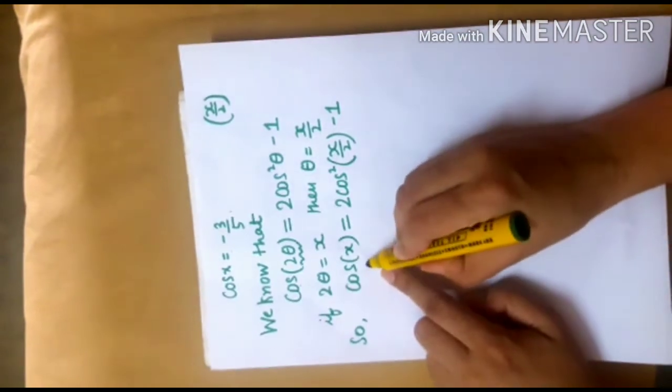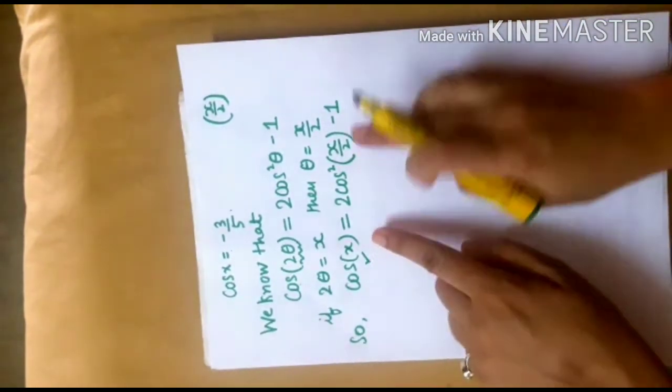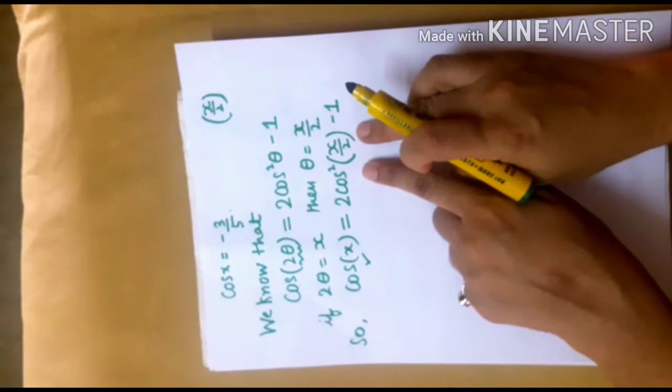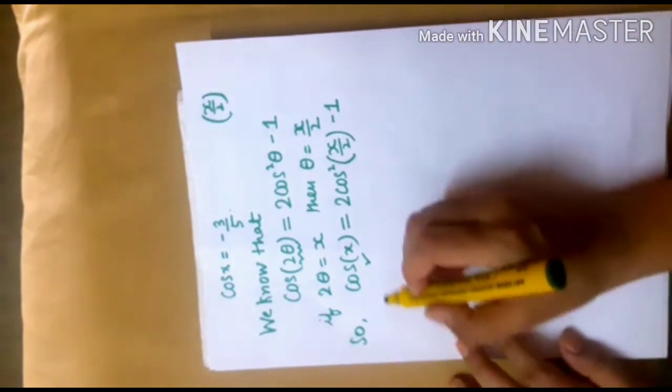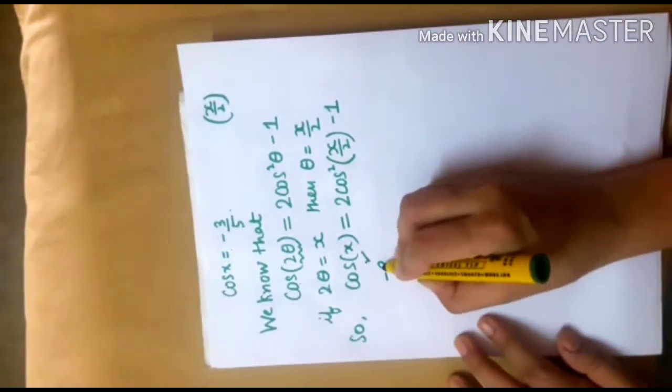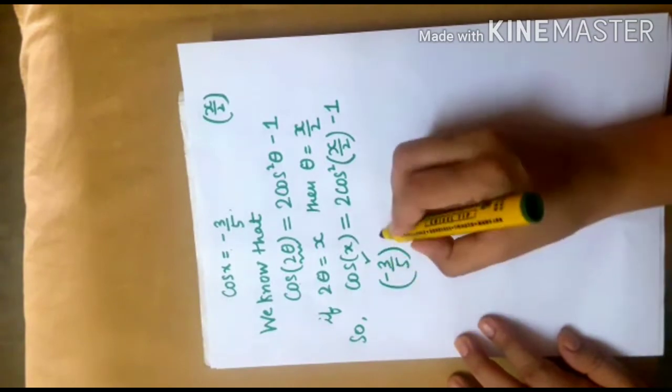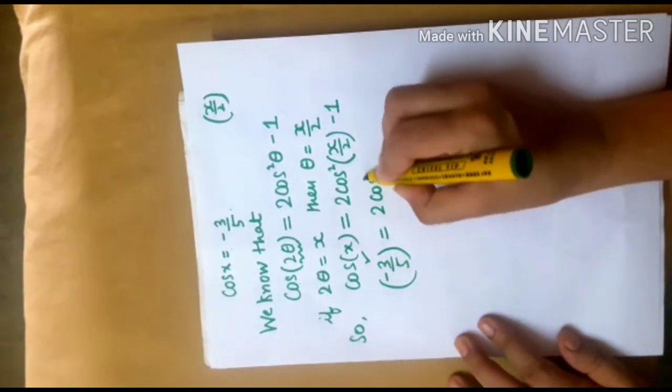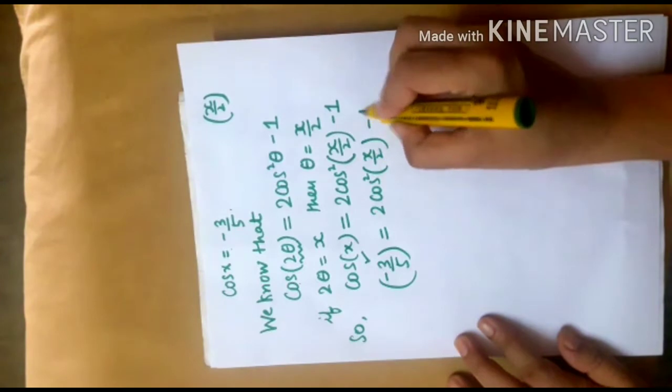Now I know the value of cos x. So from here, can I get cos x by 2? Yes, we can. So cos x is minus 3 over 5. This is 2 cos square x by 2 minus 1.